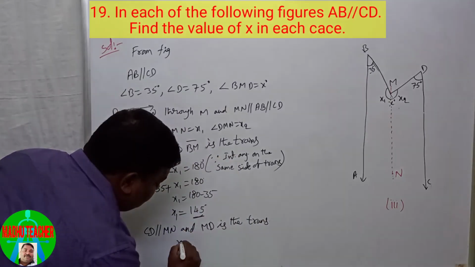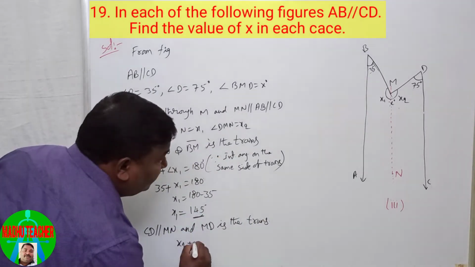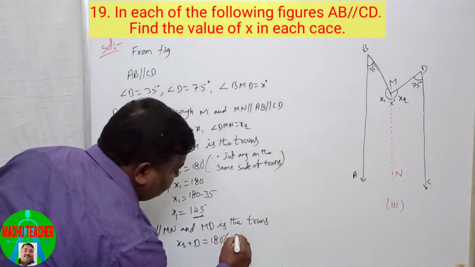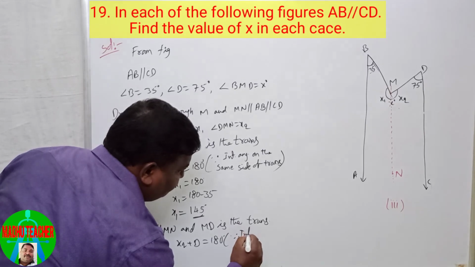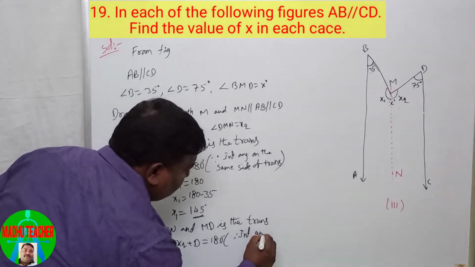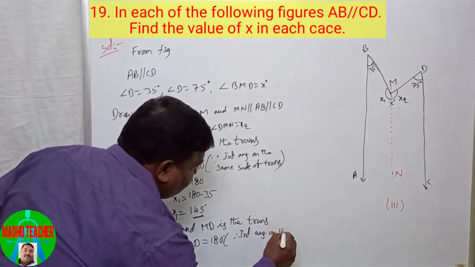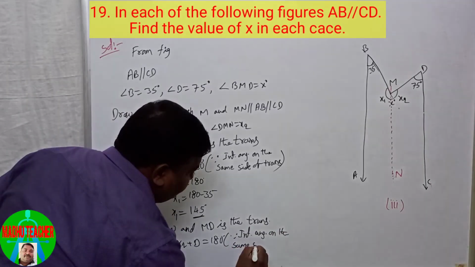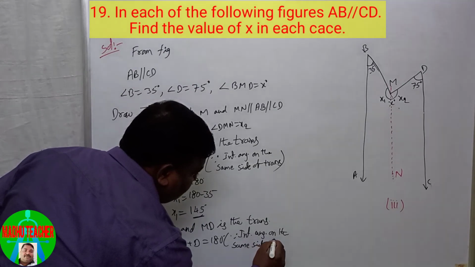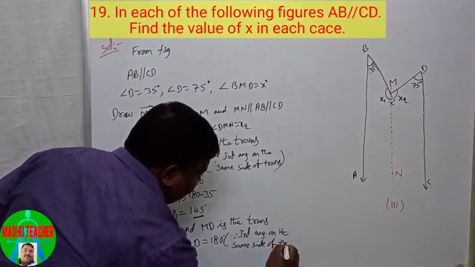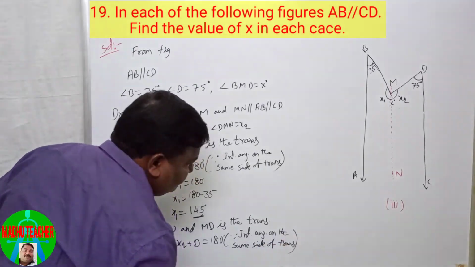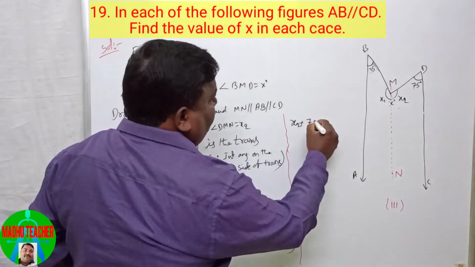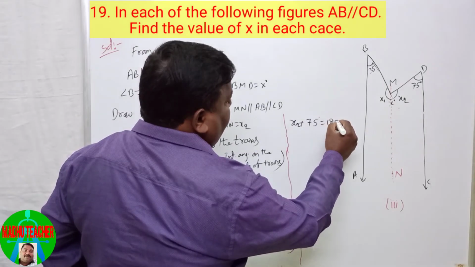Therefore, x2 plus D equal to 180 degrees, since interior angles on the same side of the transversal. x2 plus D, which is 75 degrees, equal to 180 degrees.